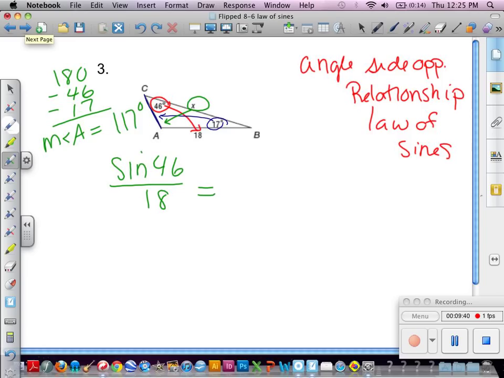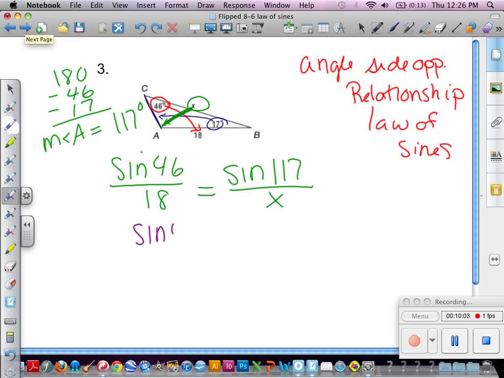So sometimes it looks like you don't have that angle and side opposite relationship going, and you're going to have to find that angle using that 180 degrees. So now I have angle A, which is 117. I'm going to look for the side opposite of A, which is x.